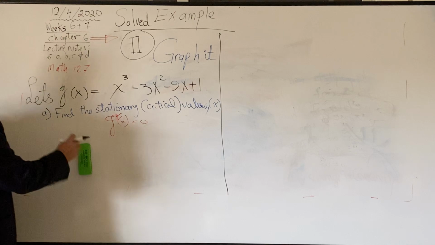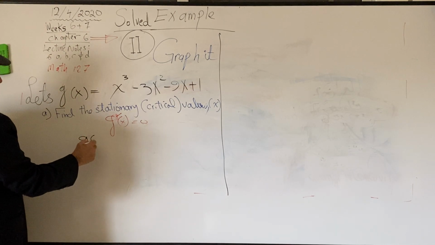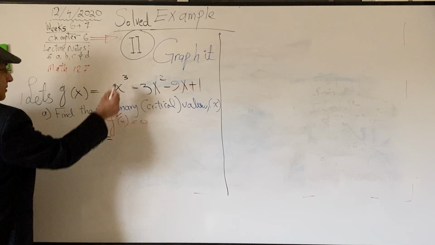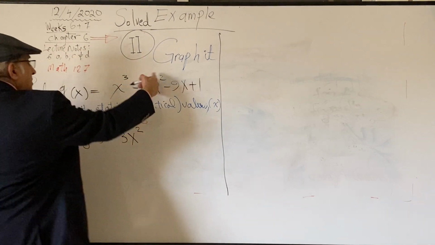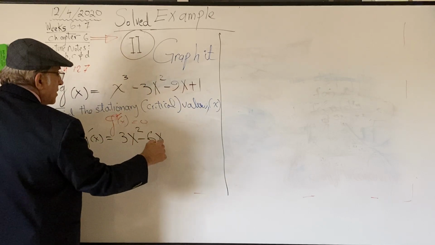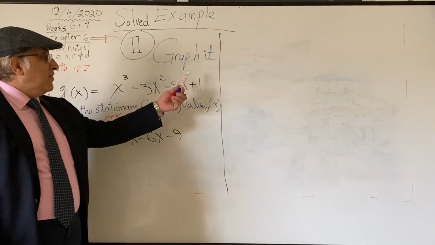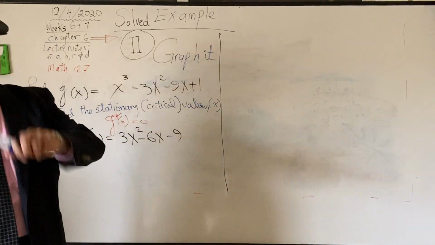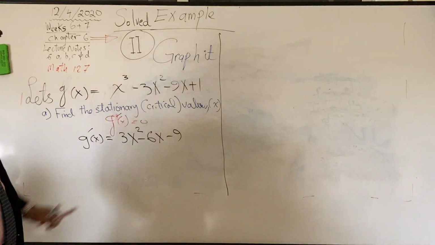The derivative of this is: bring the 3 down, subtract 1 from the power, multiply 2 by 3, and then the derivative of 9x is 9, and the derivative of a constant, as you remember, is always 0. My first step, if you make a mistake, it's ruined.